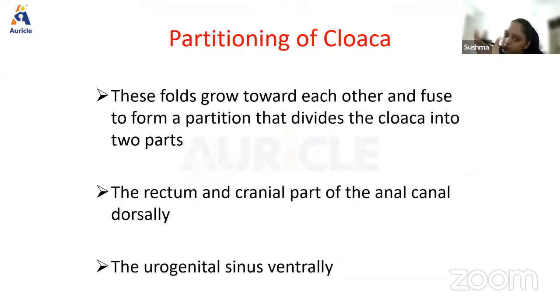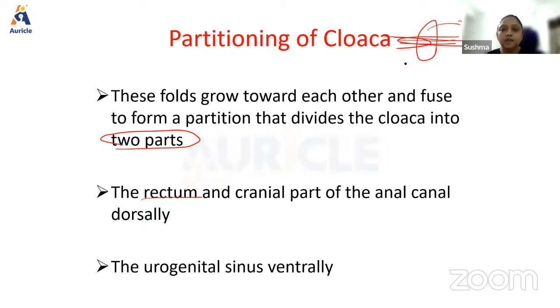These folds grow towards each other and fuse to form a partition that divides the cloaca into two parts: the rectum and the cranial part of the anal canal.